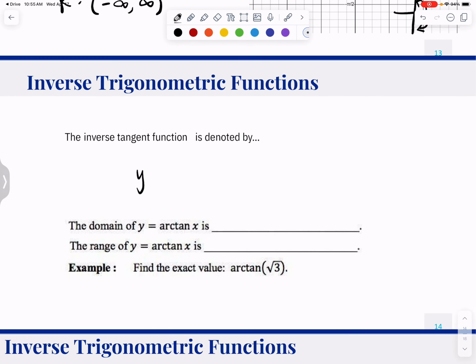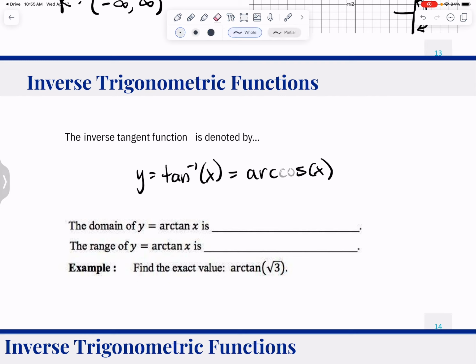So our notation for tangent is y equals inverse tangent with that superscript negative 1. I know it's confusing, but it's not an exponent. It's inverse notation. The domain of arctangent is infinite. We can plug any output into tangent.